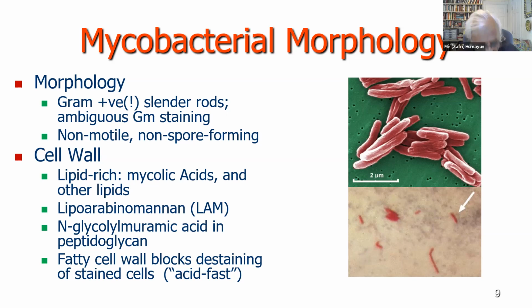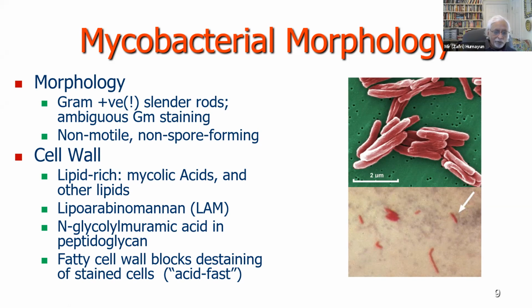A fundamental feature of Mycobacterium tuberculosis morphology, and one that you must get to know well, is that the cell wall is very peculiar. The cell wall is extremely lipid rich. A major cell wall lipid is called mycolic acid. There are, however, other lipids as well.